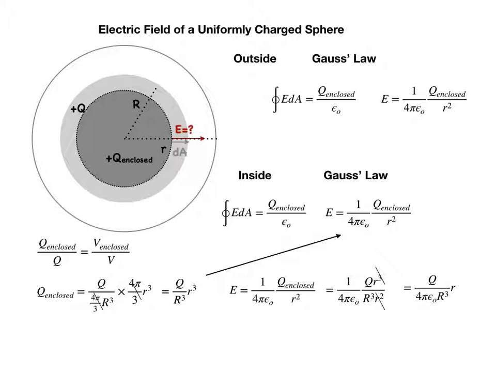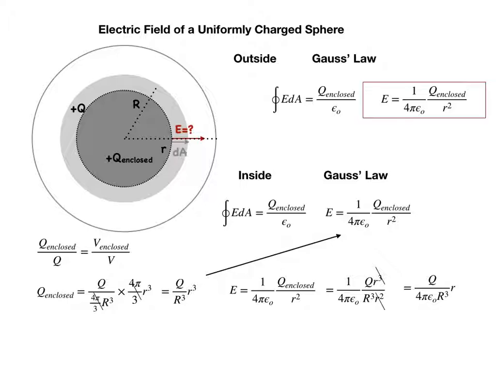Please note that this result shows that the electric field inside the charged sphere actually increases as we move away from the center of it linearly as a function of the distance.